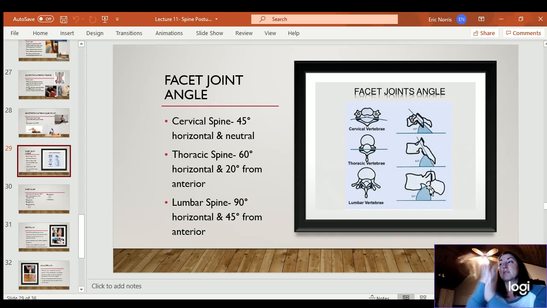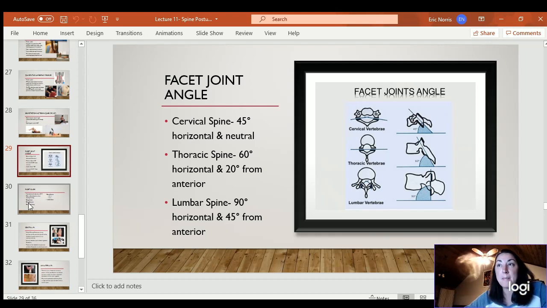They're kind of stuck forward and back, versus in the cervical spine, they're laying on top of each other at a slant. So cervical, thoracic, and then lumbar. And that is how the joints connect to one another.